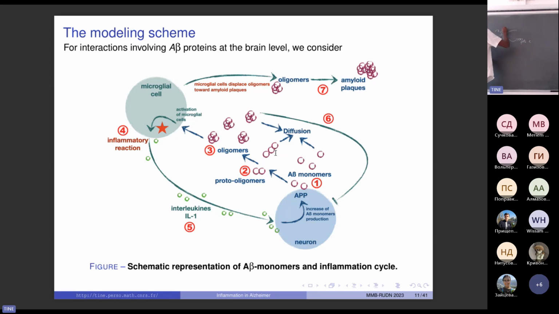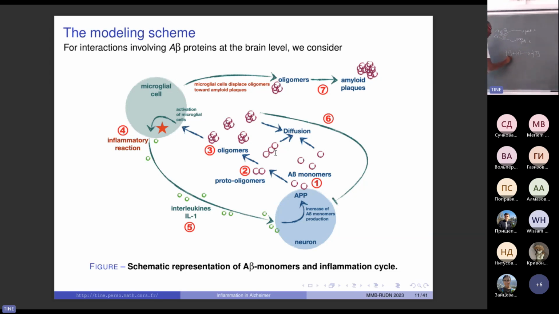Three of them can also form a proto-oligomer of size 3. Once we have one proto-oligomer of size 2, it can also gain one monomer and give a proto-oligomer of size 3.